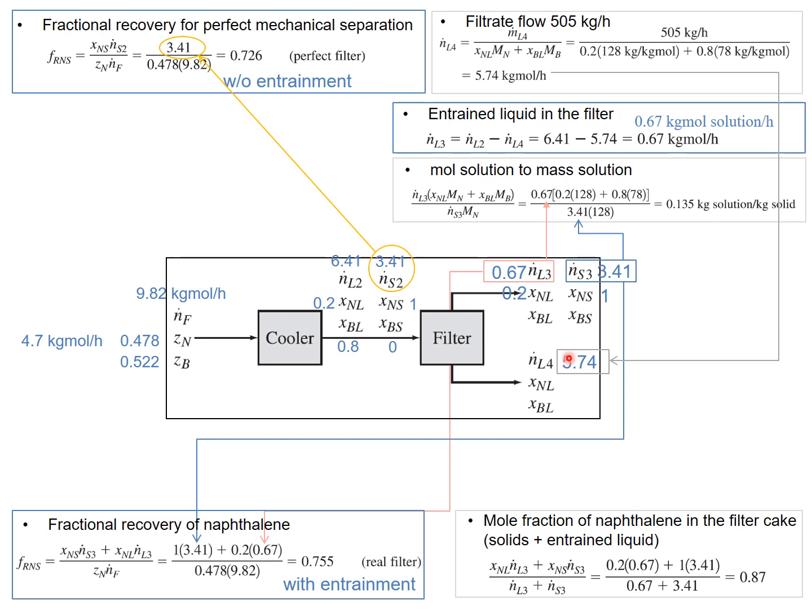Of course. So 6.41 minus 5.74 is 0.67 kilogram mole more liquid per hour. That is the amount of entrained liquid in the filter. Of course, this liquid has naphthalene in benzene.